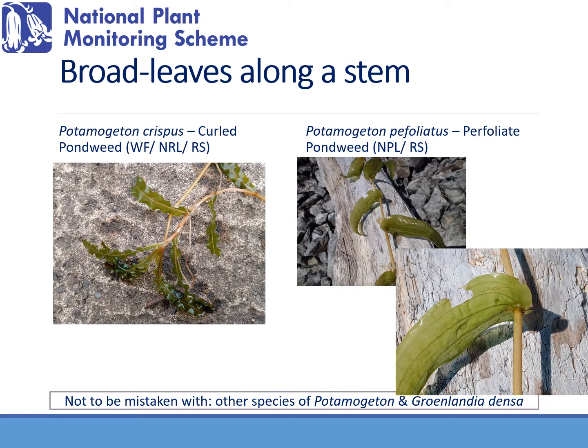There are many, many other species of pondweed, but they are unlikely to be mistaken with these two. There are narrow-leafed grass-leaf pondweeds and other broadleaf species. The only one that you might get vaguely confused with is Potamogeton praelongus, which, like the perfoliatus, can have these long leaves and sometimes a slight appearance of paler or darker veins.